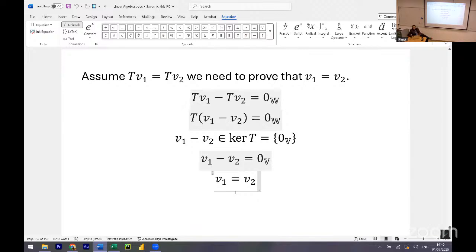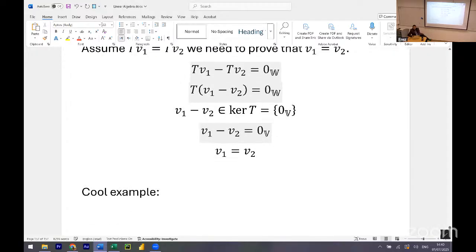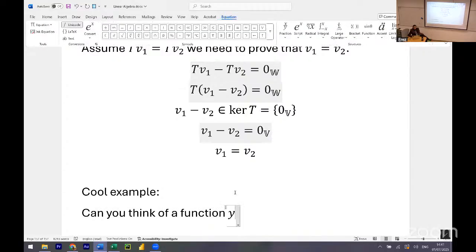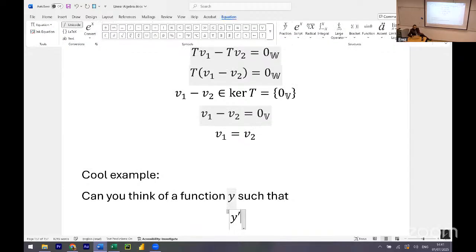Let me show you a cool example. Can you think of a function y in calculus such that y prime equals y?